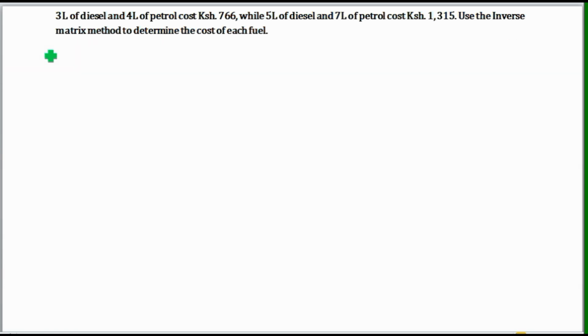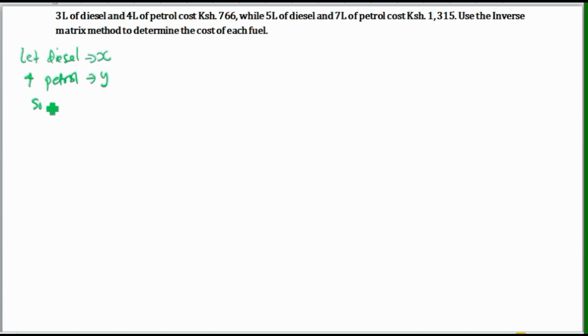Okay, now first of all, let the cost of a liter of diesel be X shillings, and the cost of a liter of petrol be Y shillings.